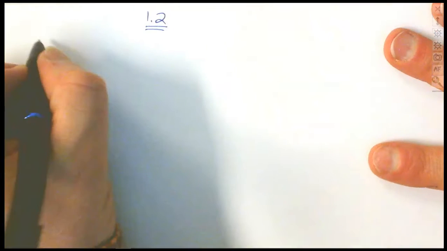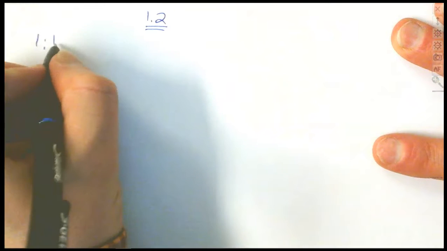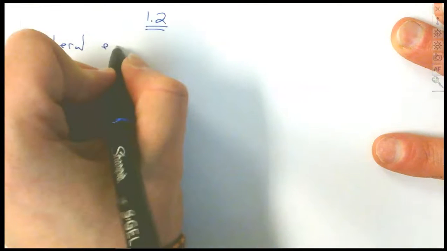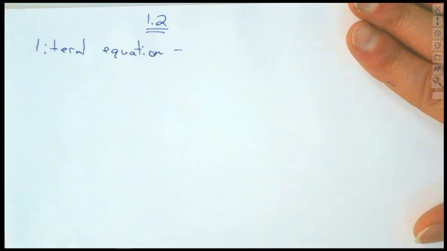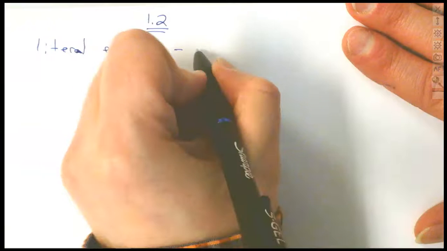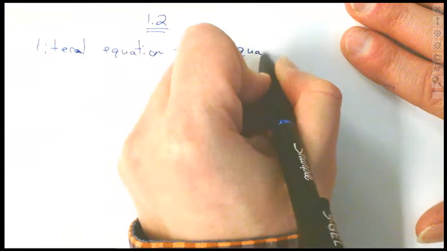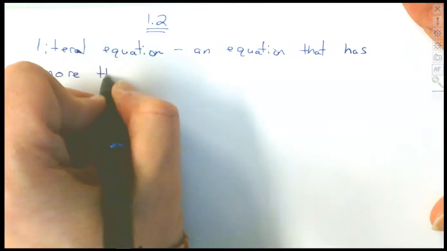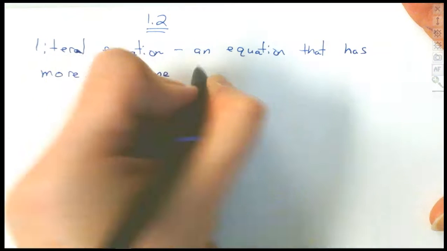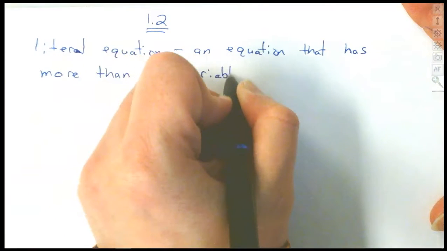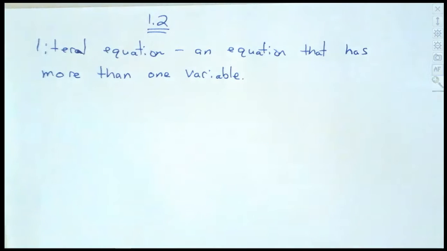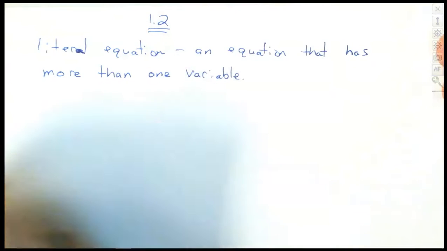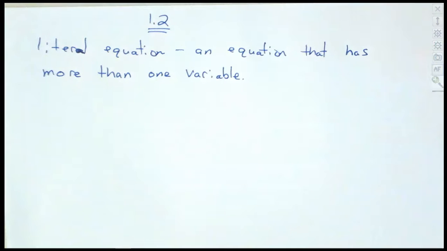And what is a literal equation? Well, by definition, a literal equation is just an equation that has more than one variable.